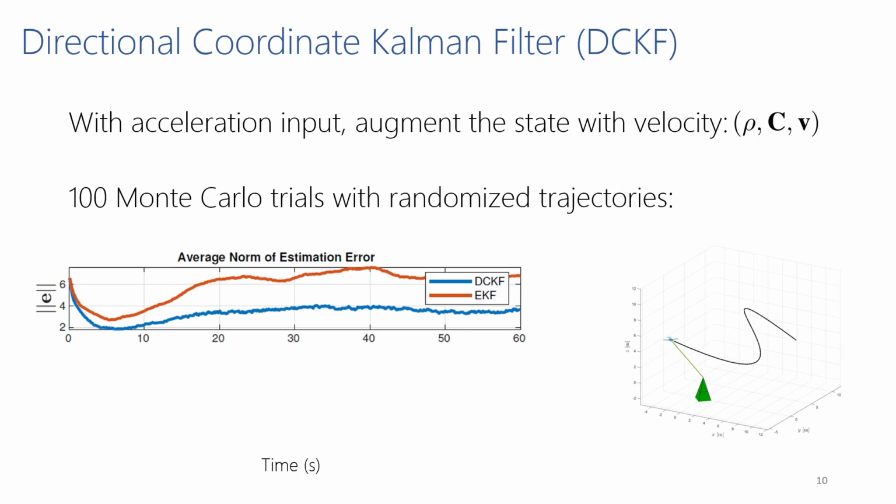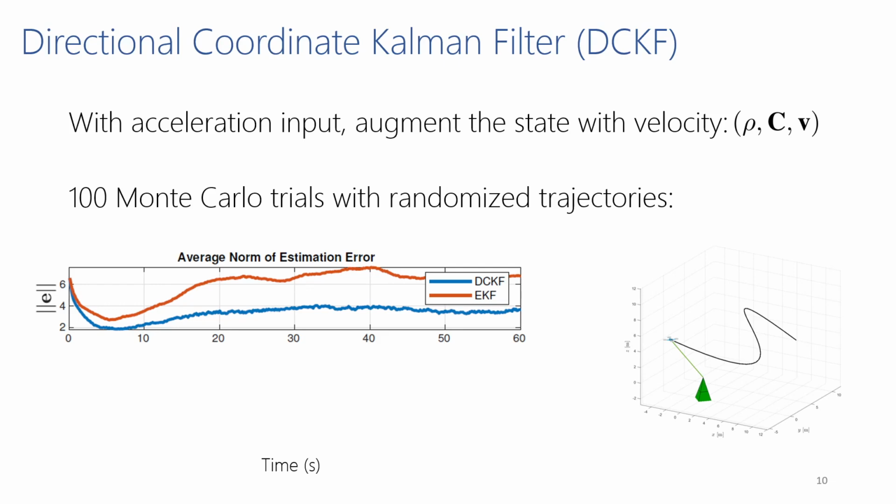We can then also run a Kalman filter in a dynamic scenario, where we also measure the acceleration of the robot, in which case we augment the state with velocity. We conducted 100 Monte Carlo trials where the trajectory is randomized in each trial by picking a random set of waypoints around the origin for the quadcopter to go through.